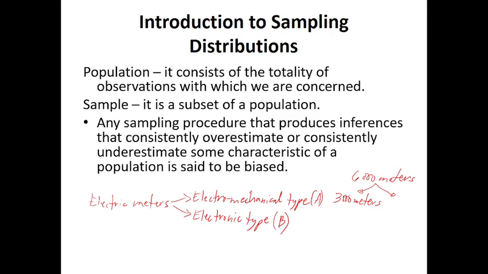Suppose we have electric meters and of which we have two types, electromechanical type and electronic type. Let's say the electromechanical type is meter type A. For electronic type, we have the meter type B. So if we have, for example, 3,000 meters type A, another 3,000 meters type B, and we are to gather meters.